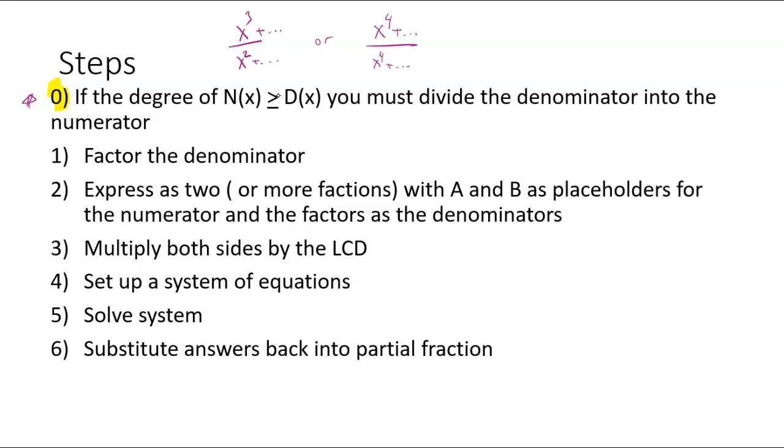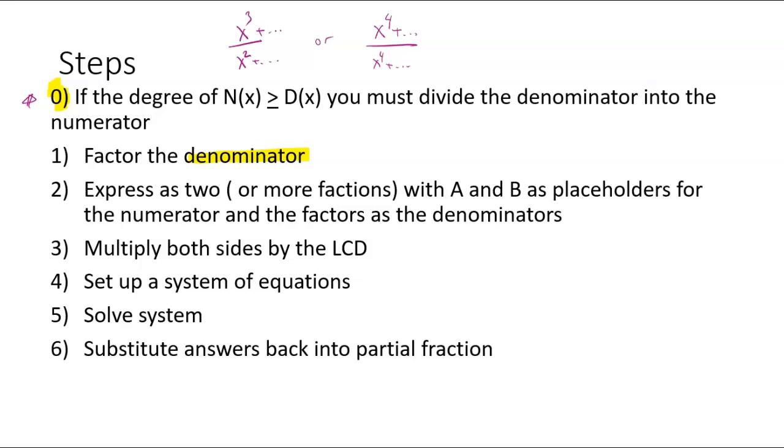All right, step number 1, we're going to factor only the denominator. Who cares about the numerator? Depending on what the denominator is, it's going to factor into at least 2 things, so we express them as 2 or more fractions and put placeholders there.